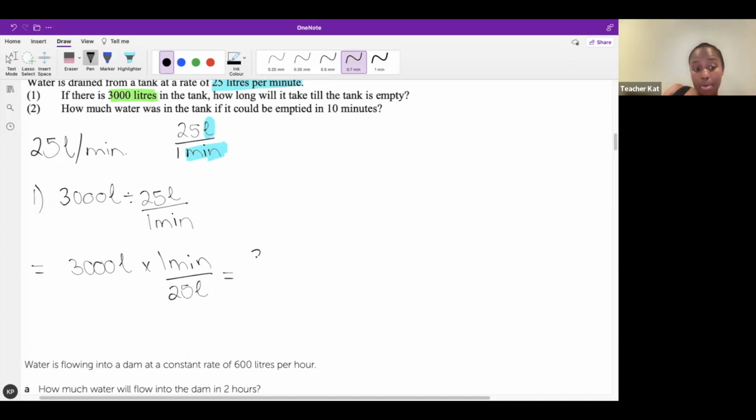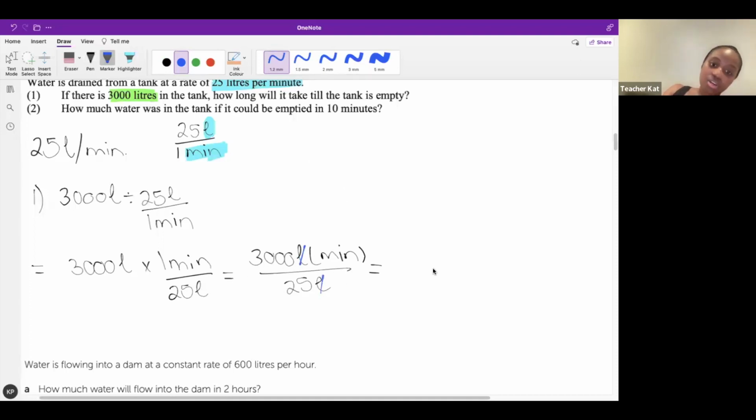Then at the top, I'm going to be left with 3,000 liters times minutes over 25 liters. Do you see that I can simultaneously divide, but also get rid of the unit? Think of it as if it was an X, right? Liters divided by liters, they're gone. We're left with minutes, which is what we want. So the answer is 3,000 divided by 25, which is 120 minutes.